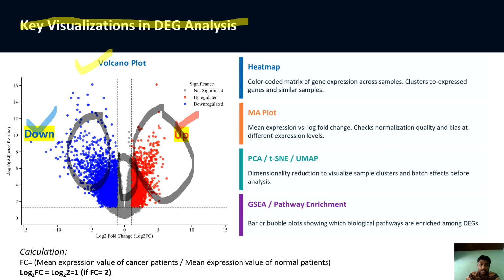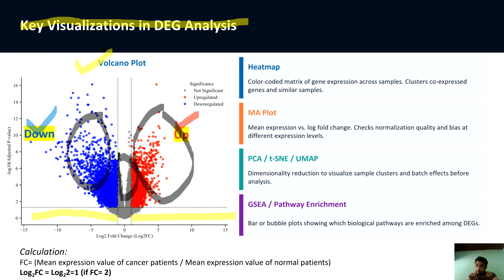Here, from here to here, it is plus 1, and here from -1 to -15, it is the downregulated genes. So log2 FC value greater than 1 is for the upregulated genes, and log2 FC value less than -1 is for the downregulated genes.